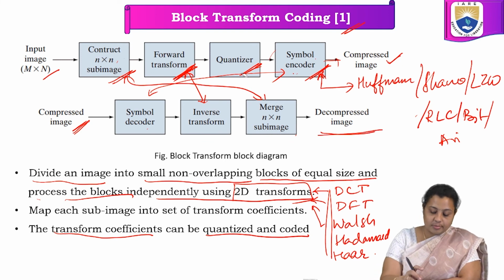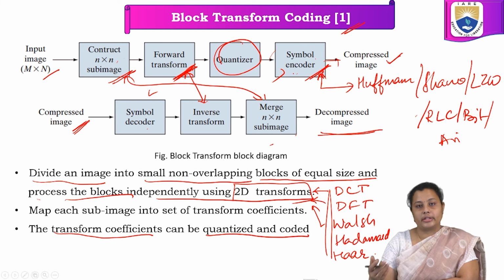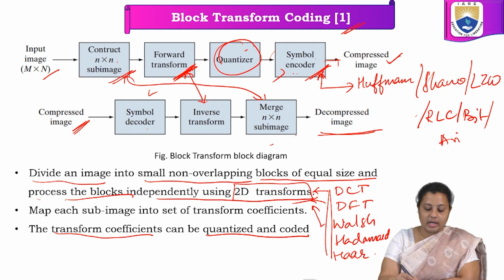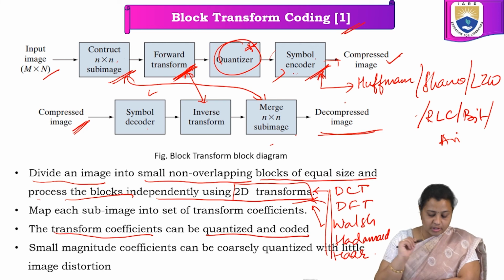If we observe clearly, in the decompression block we don't have any dequantizer. That means that if an image is quantized, it should be done properly and efficiently so that we do not lose image values. That is how block transform coding works.